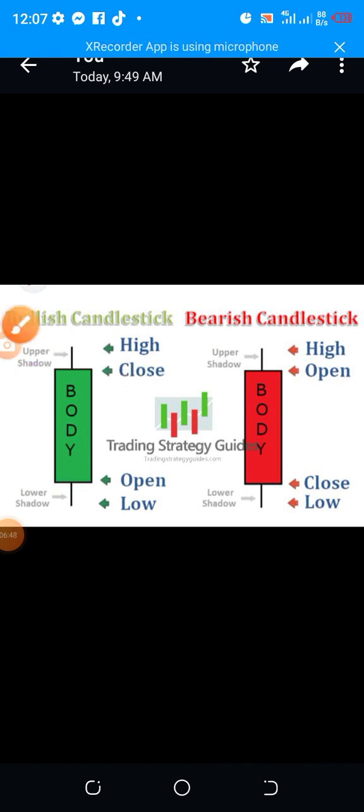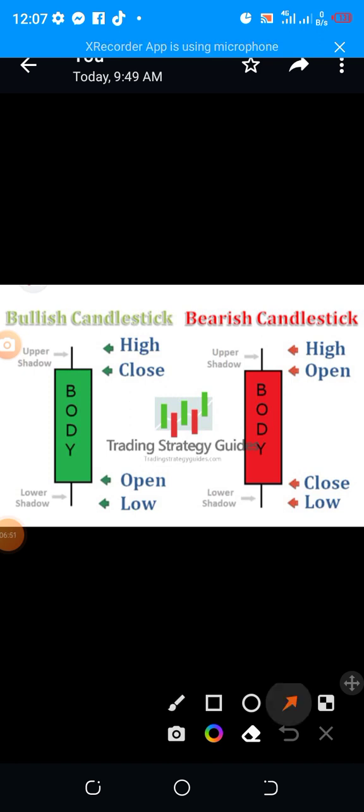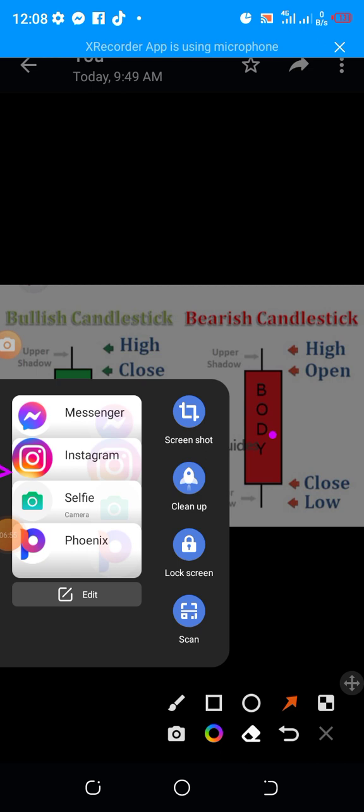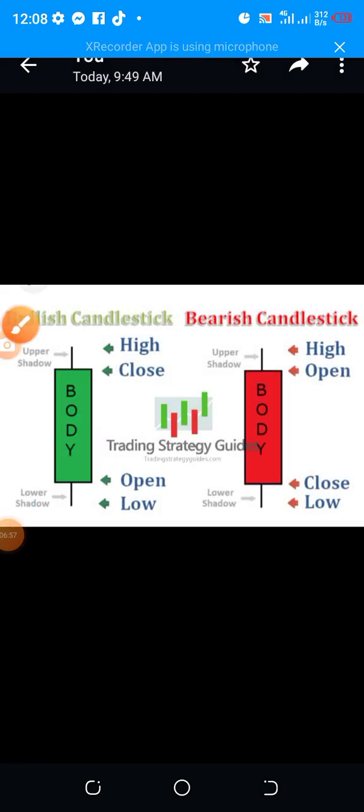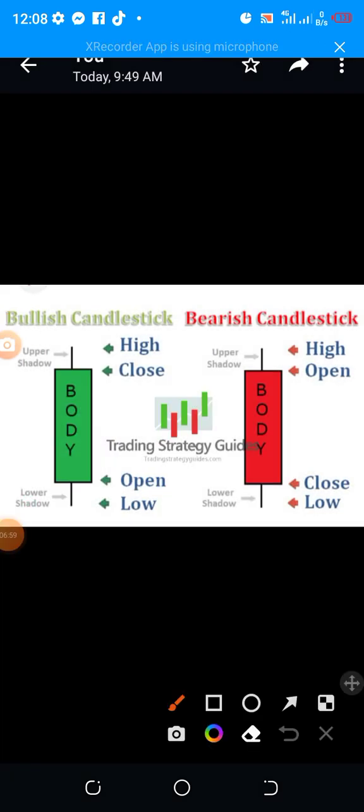Let me try to give you a good impression. The candle started here. It opened on this level here. Then the buyer took over and they came up to this point where the high stopped.